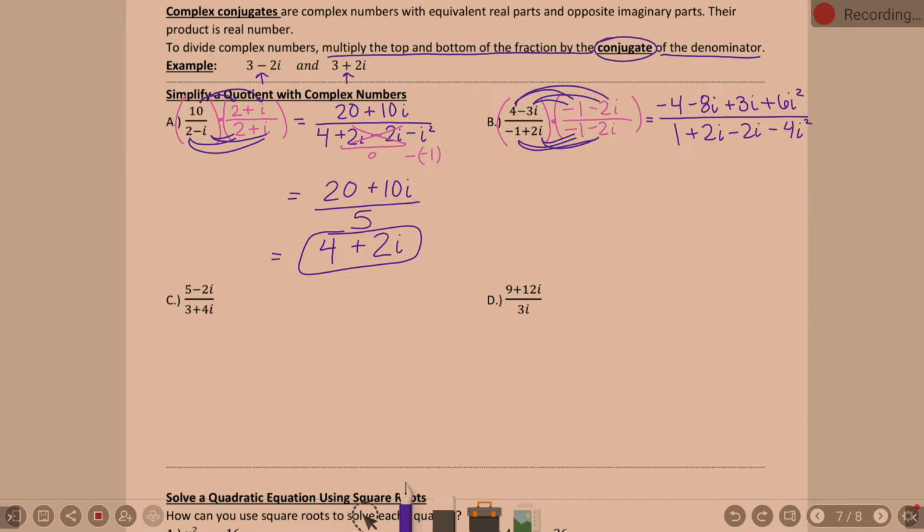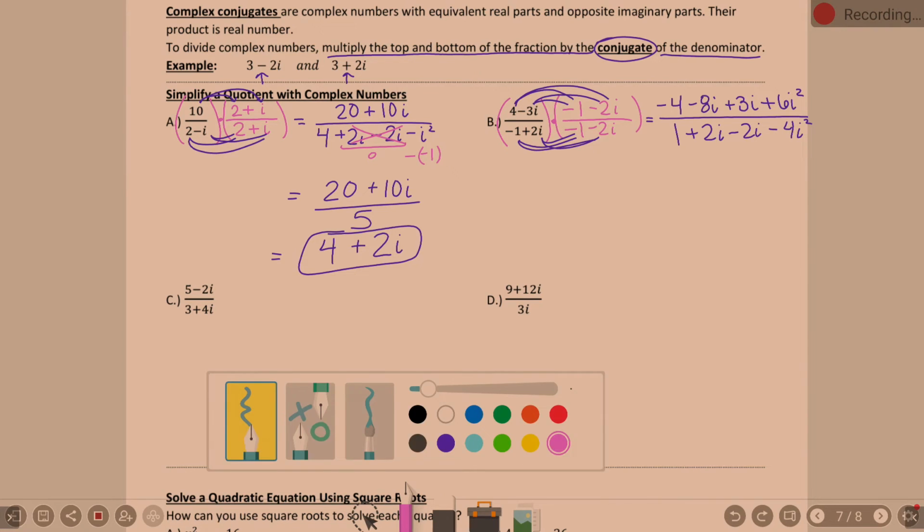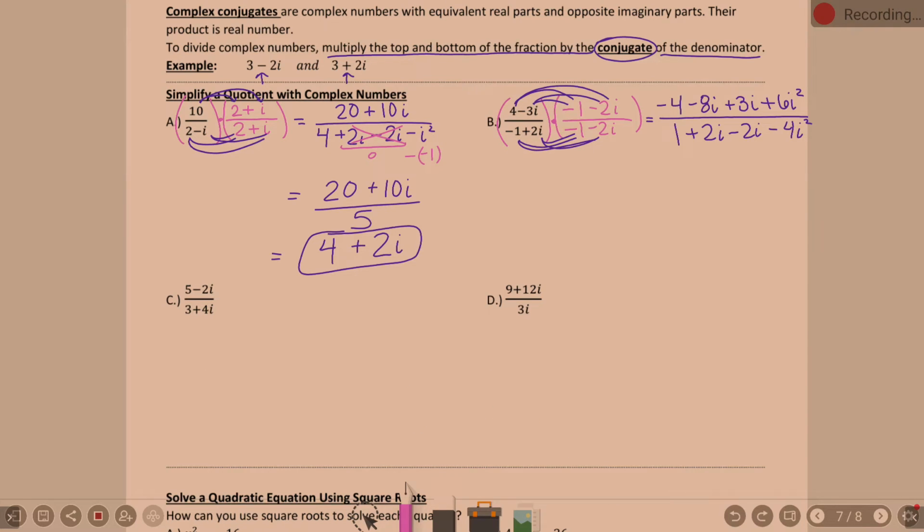Do you see some cleanup that can be done? I say the answer better be yes, or we're in trouble. What kind of cleanup do we see? Okay. 2i minus 2i is going to cancel. Those are going to be gone. Minus 4i squared. Well, remember, this i squared is a negative 1.